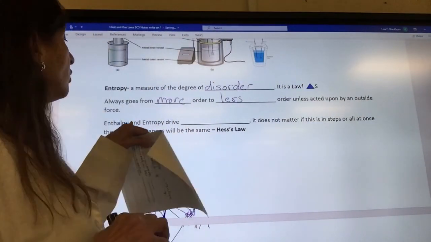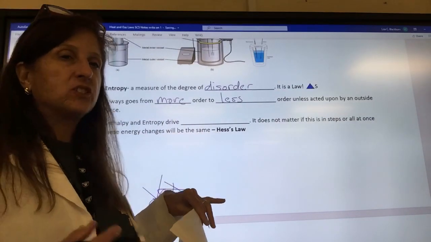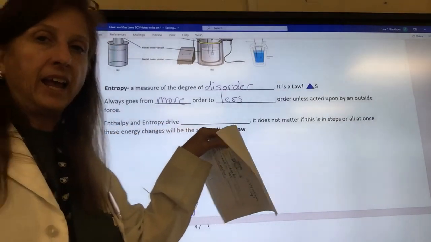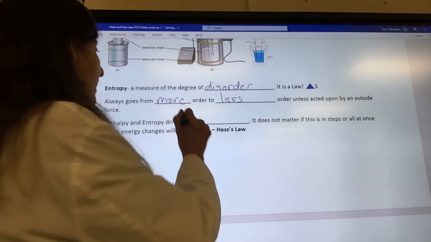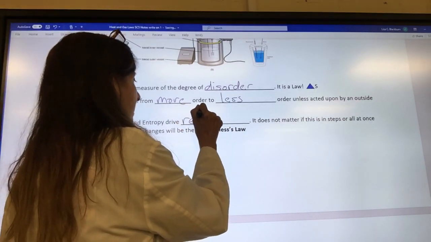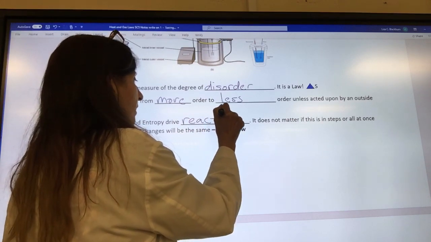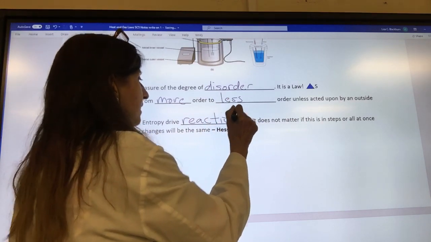Okay. So enthalpy and entropy, these two ideas we just talked about, heat and the degree of order or disorder, drive chemical reactions. And that's why we're talking about it in chemistry class.